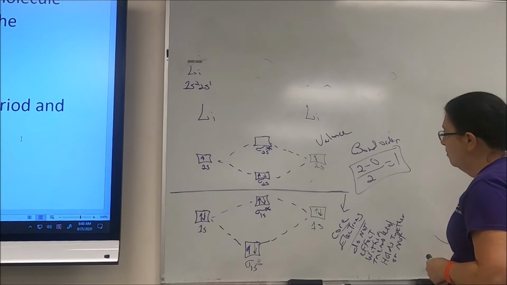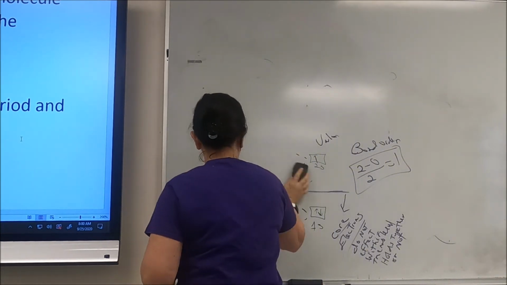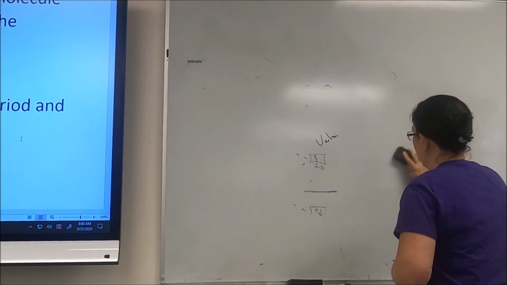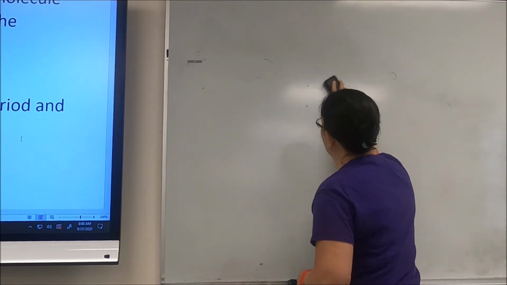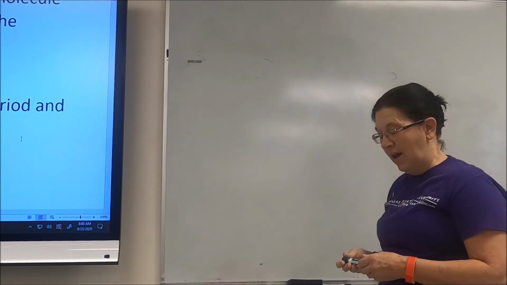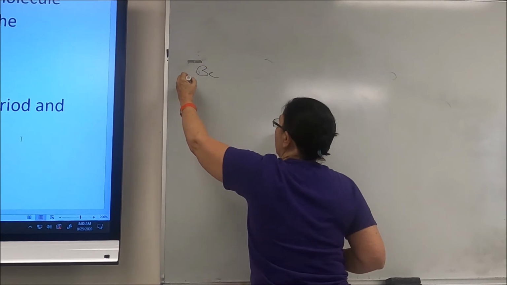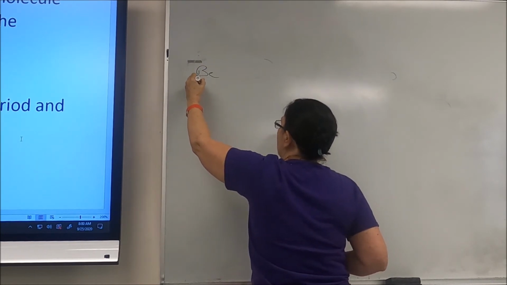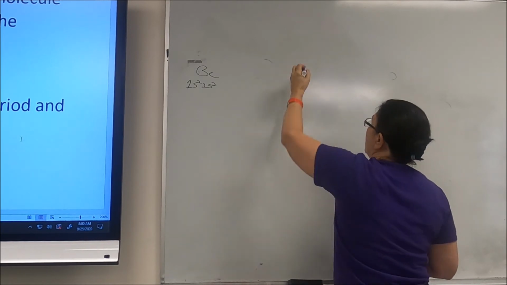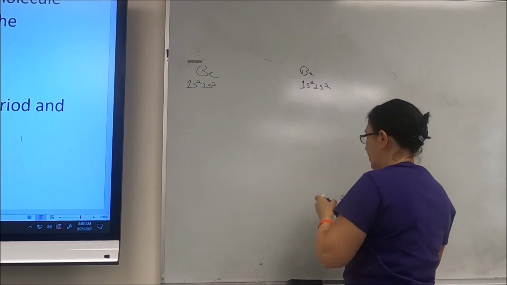So let's move on and try beryllium. Now, from here on out, we're only going to draw the molecular orbitals for the valence of the atom because the valence is the part that's important. Now, if we look at beryllium, its electron configuration is 1s2, 2s2. Okay?